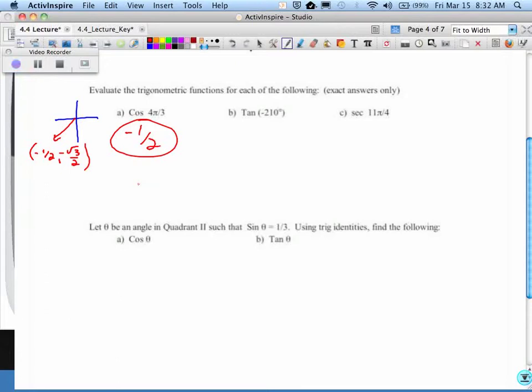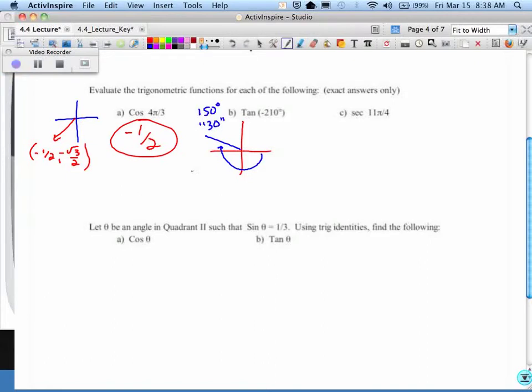So where did negative 210 put you? I already got B and C right. You start at 0, you go down to the bottom of the unit circle, back up, and a little bit more into that second quadrant. Start at 0.